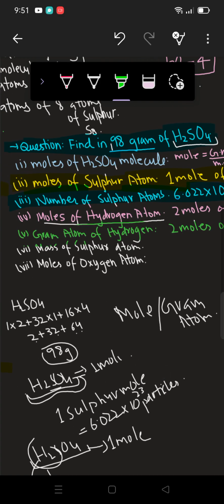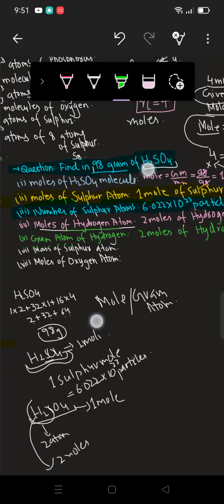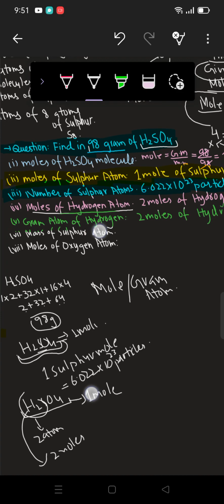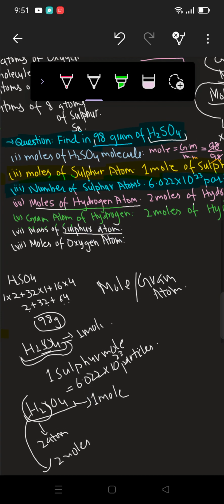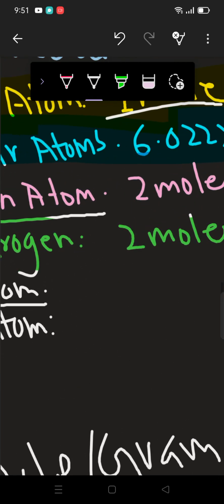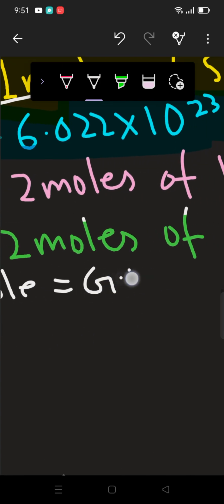Okay, so now the sixth question is the mass of sulfur atom. What would be the mass of the sulfur atom? We have already calculated the mole, right? And I have told you, when we need to find the given mass of any element, the mole must be given. And we already have the mole of sulfur atom, that is equal to 1 mole. Just put the formula, right? Mole is equal to given mass upon molar mass.